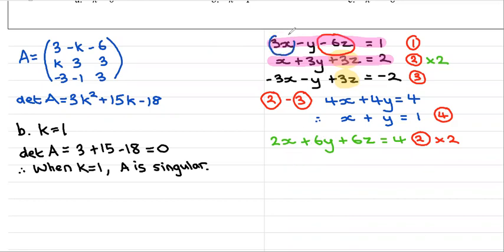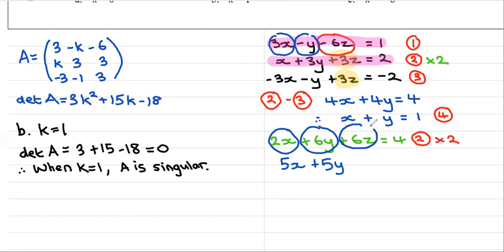It's going to be 3x plus the 2x, which is 5x, of course. Then we've got negative y here, plus 6y, so that's plus 5y. This negative 6z and the plus 6z here will cancel. And then we've got equals 5. So once again, we get this time x plus y is equal to 1.